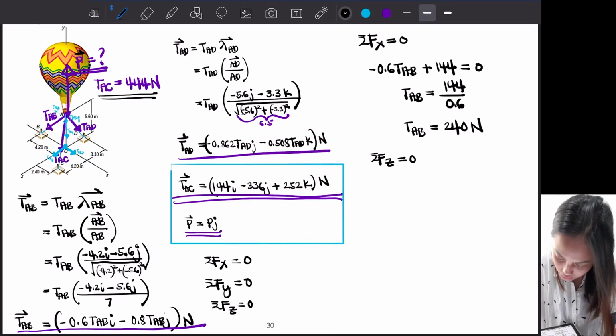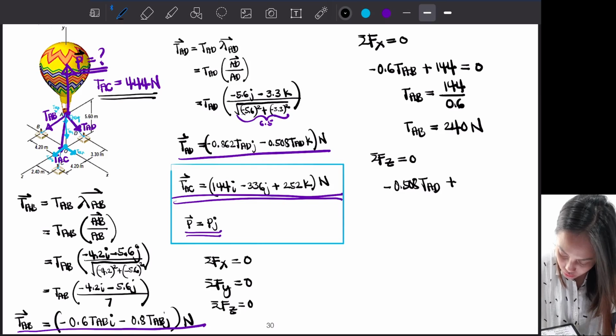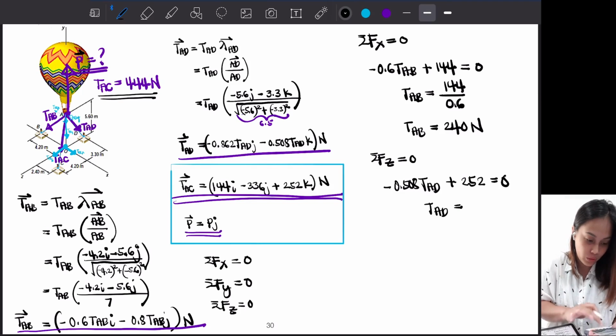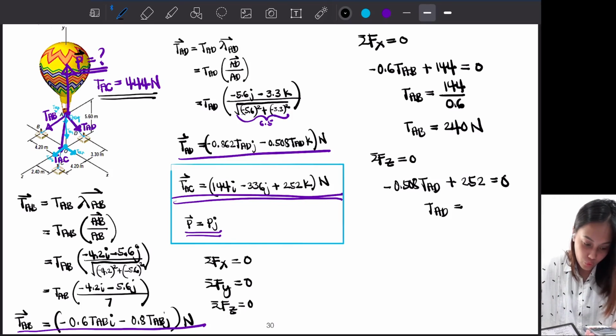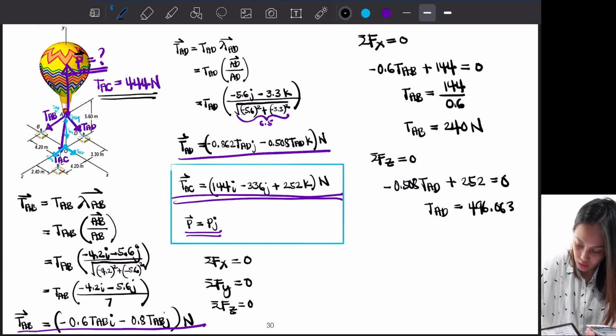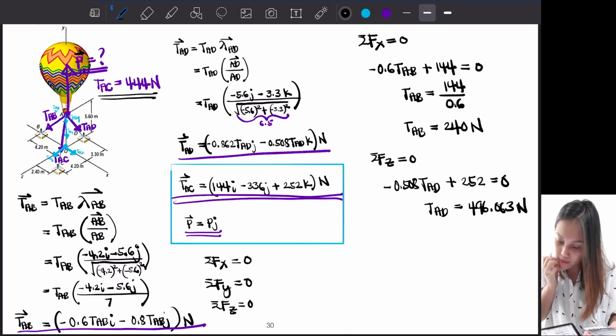So, you have negative 0.508 TAD plus 252 equal to 0. TAD is equal to 252 divided by 0.508, which is 496.063 newtons.